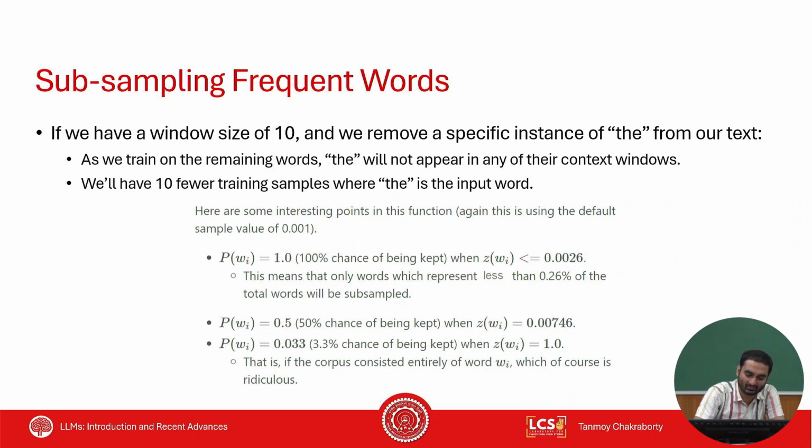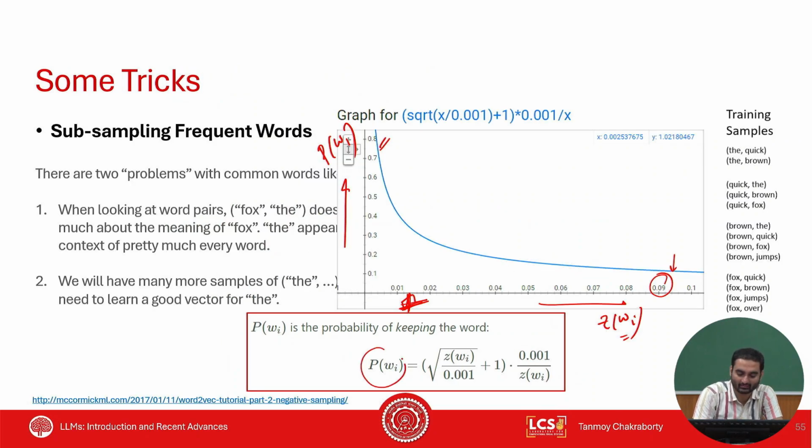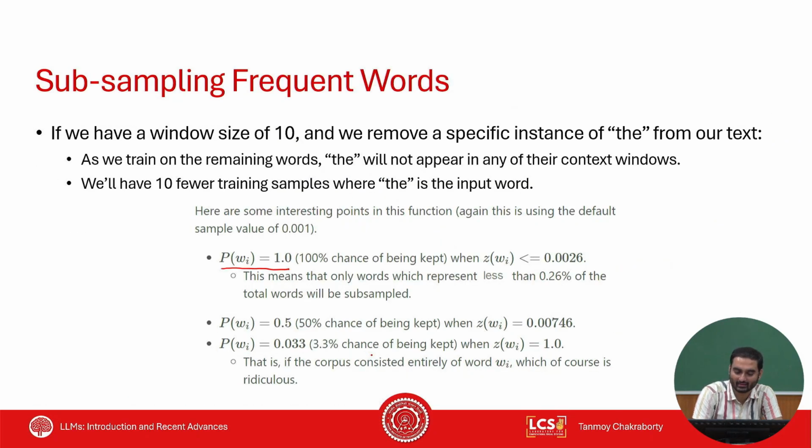So let's look at some of the values, right? In order to make the value of p equal to 1, the frequency should be less than 0.26%.